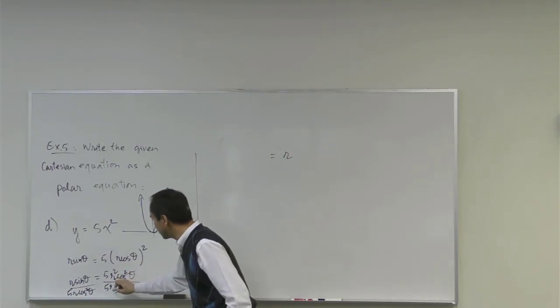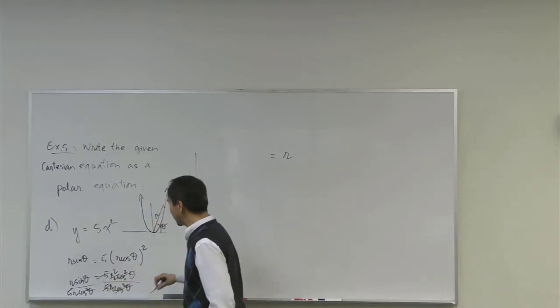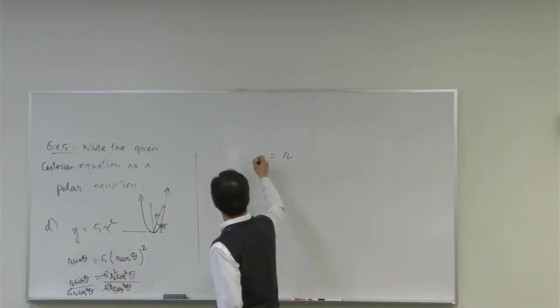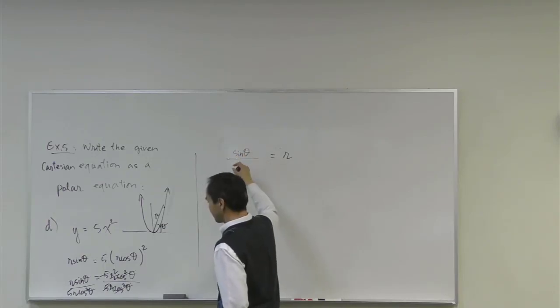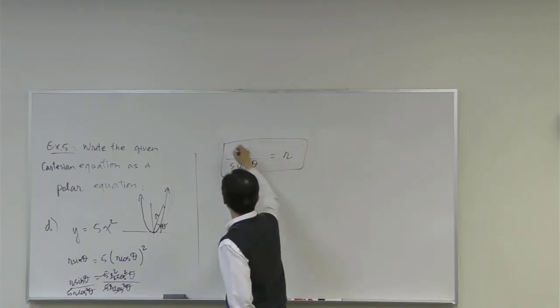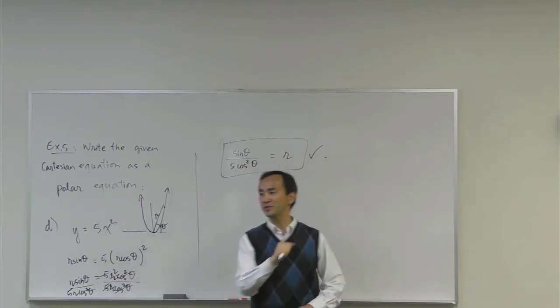The r here got cancelled with the r squared, leaving me just an r. The 5 got cancelled out, right? And then the left hand side here gives me sine theta over 5 cosine squared of theta. So we have solved for r as a function of theta. We want to stop at this better form of that, even though they're all polar equations.